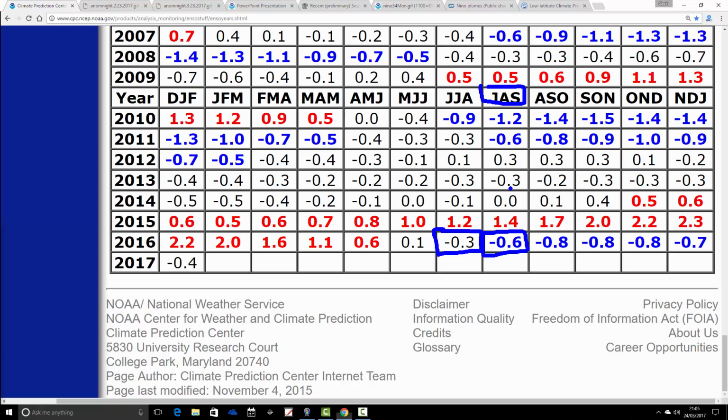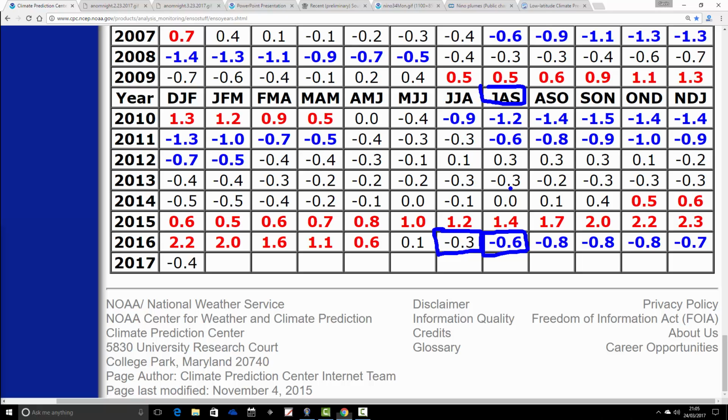So if there's a correction there, if they've overdone that too much and they have to pull it back closer to average, which is anywhere from minus 0.0 to minus 0.4, if they were to do that, then these blue numbers would disappear. They go back to black, and it would just be ENSO neutral.